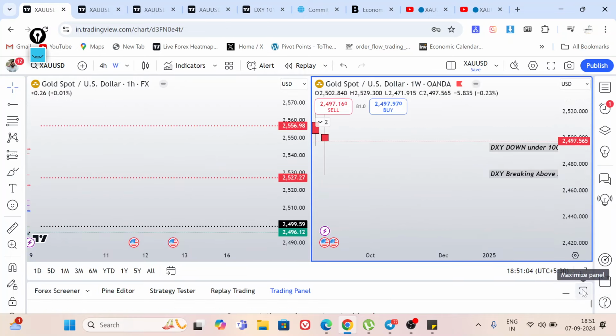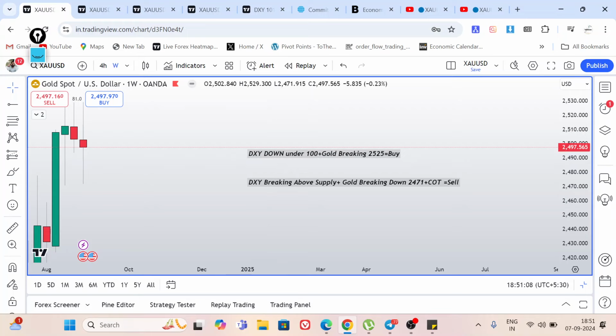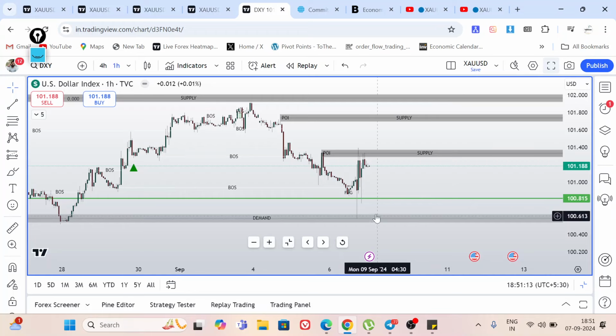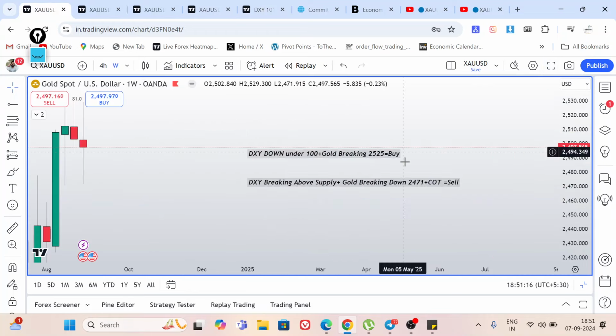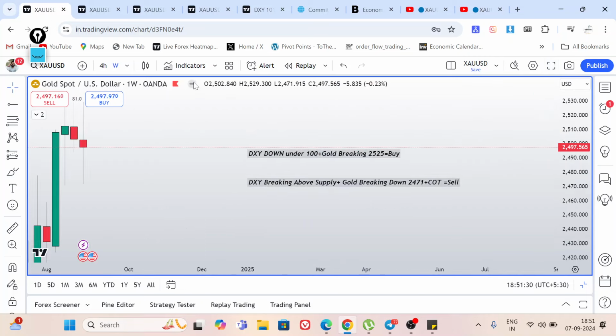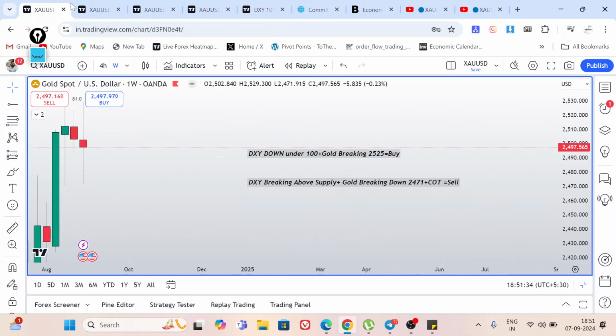If DXY breaks down this area, and also if gold breaks 2525, which I already mentioned, if gold breaks out from this area 2525, and DXY breaks from this demand area, then this is going to be a good buying opportunity.